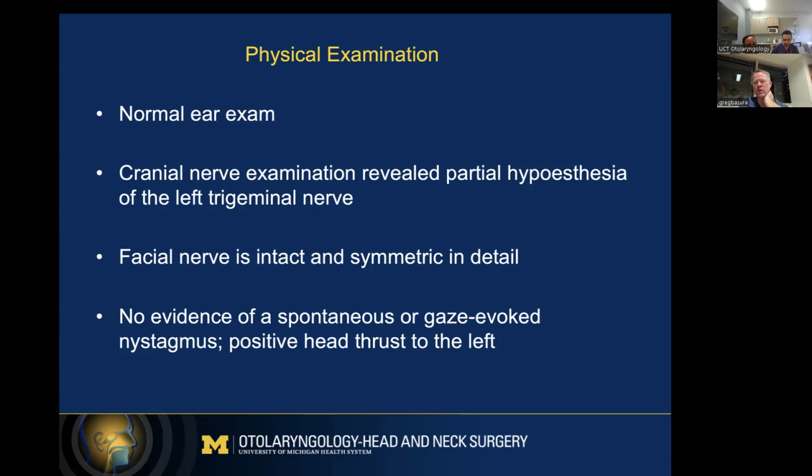how is it that you won't see a corrective saccade with a horizontal canal head thrust test? You just said if the superior vestibular nerve is compromised but the inferior is not, you will not see a corrective saccade on head thrust. How is that?